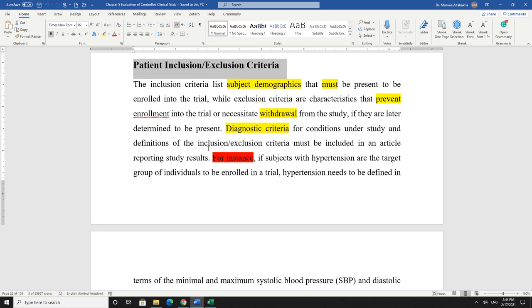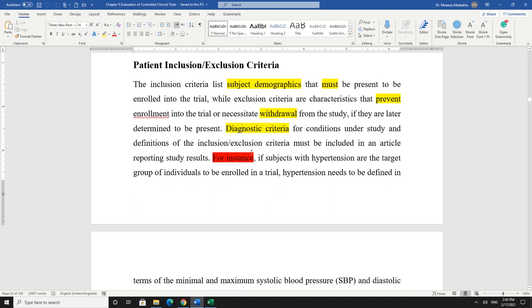So my inclusion criteria is people diagnosed with hypertension, for example. But this is not enough, because you should list the diagnostic criteria for that. You should say, for example, they should have a systolic blood pressure of at least 140 and a diastolic blood pressure of at least 80 to be enrolled. So you need to be clear in your criteria.